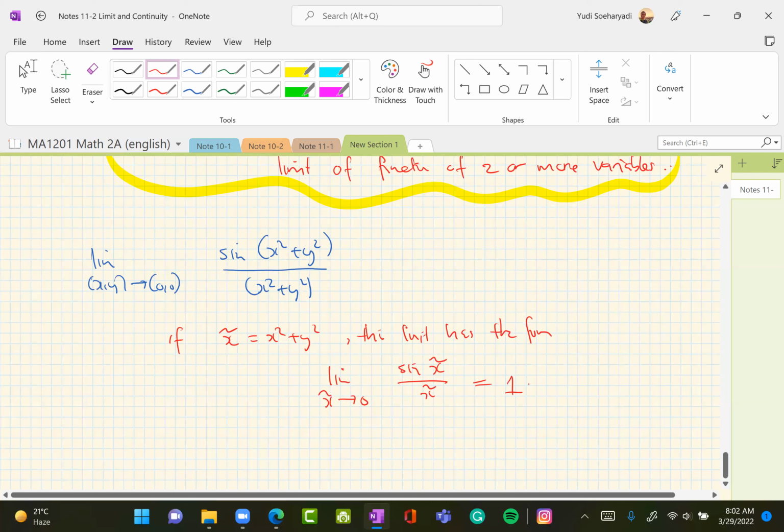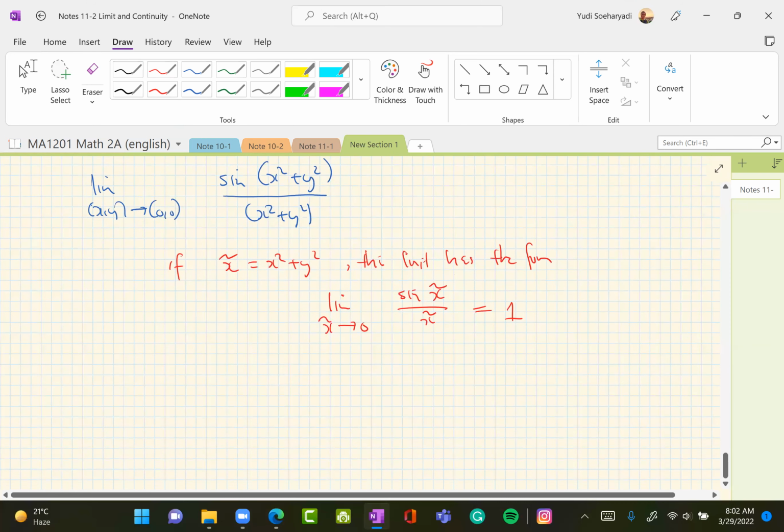We know this limit. So the question is, how do we justify this one? Actually this is true, but we need some more tricks. Later on we use these tricks.